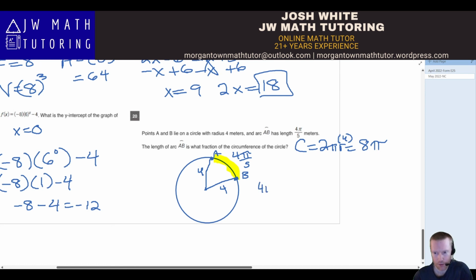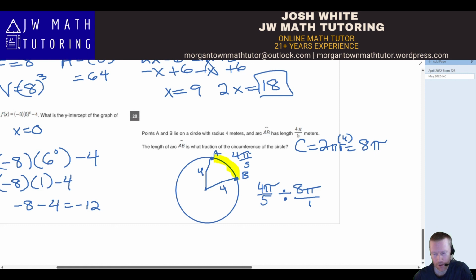Unfortunately, because it's a no calculator section, you do have to know how to do fraction division or really multiplication. It's basically saying 4 pi over 5 is what part of 8 pi? Or in other words, if you wrote it sideways like this, 4 pi over 5 divided by 8 pi over 1.